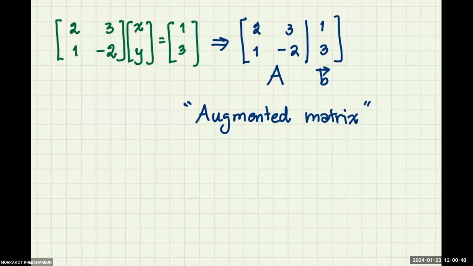So we will write down only the coefficient matrix, as the augmented matrix. And I will give the name row 1 to this one. This is row 2. Okay.